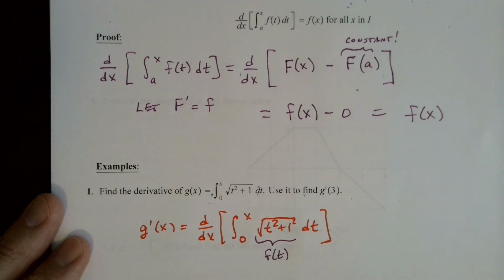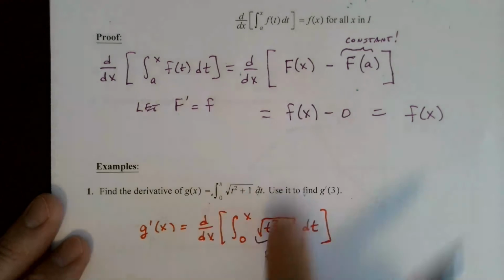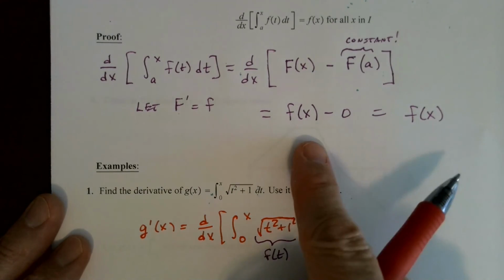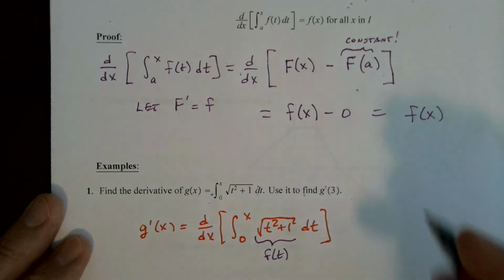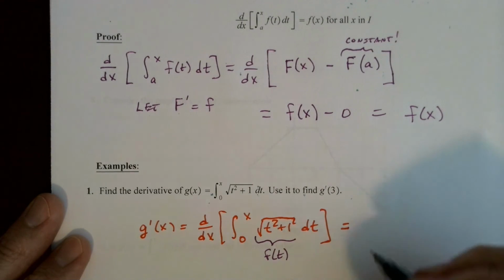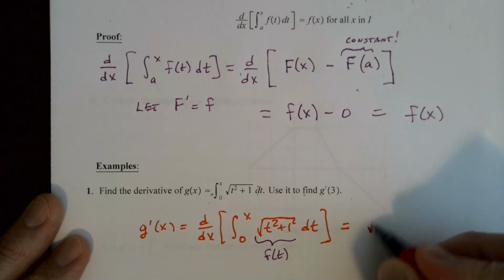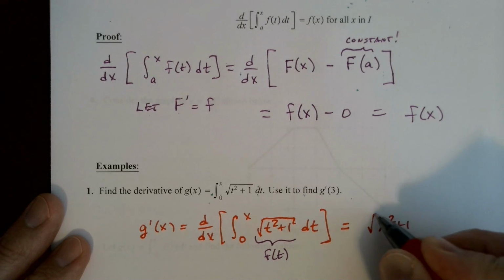We could integrate that, and if we knew what the antiderivative of capital F was, like we did here, but then when we differentiate it, what's going to happen? We're going to get right back to that function, right? We get right back to f of x. And so the answer is just f of x, which is what? The square root of x squared plus 1.